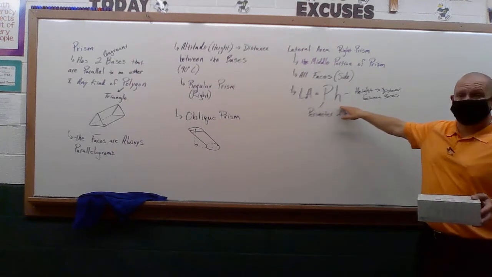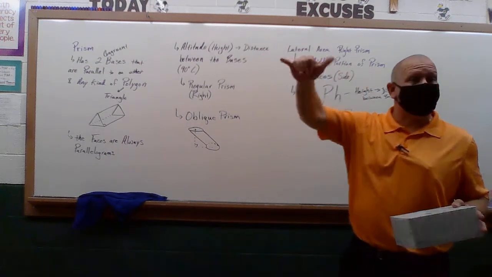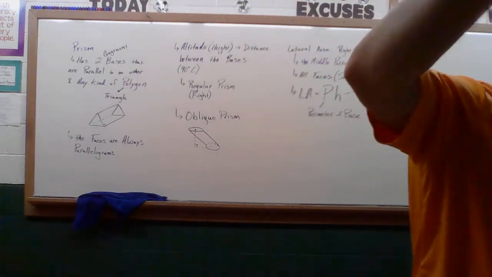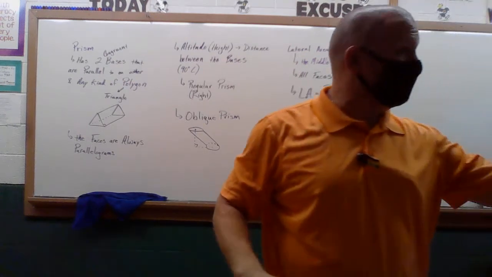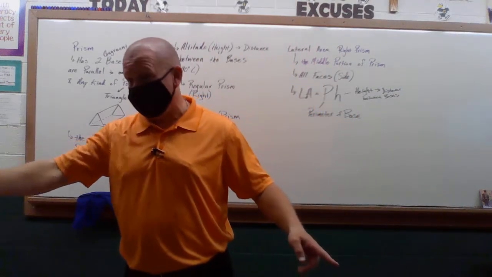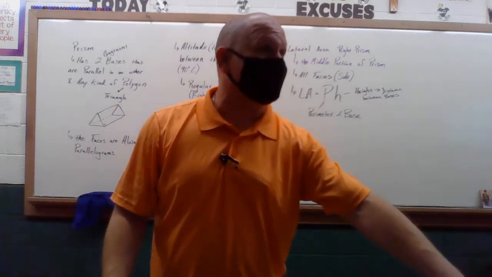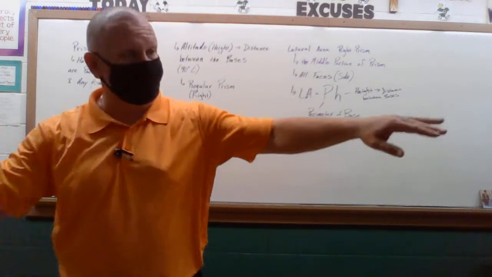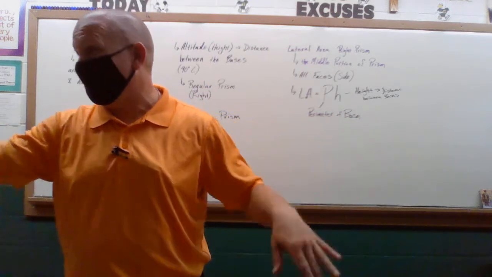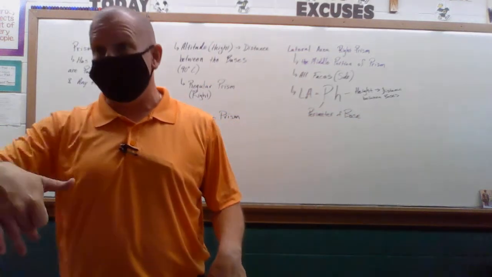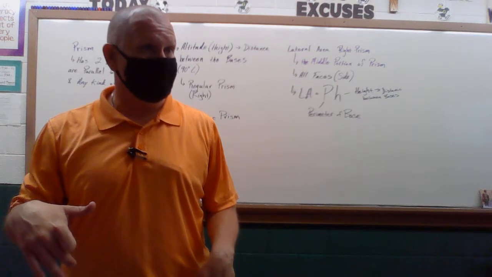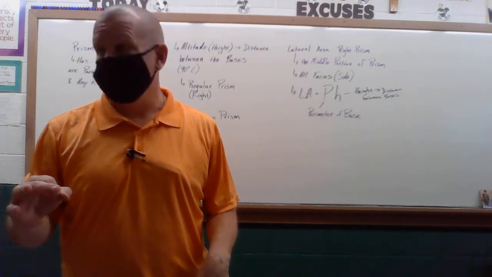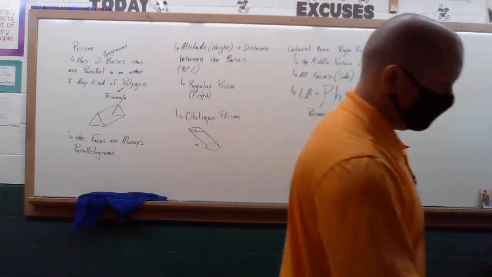So it all works out. But if you're going to compare answers when you're doing your homework, and Merrick picks one of the bases and Jazz picks another, and Kenzie could actually pick another group, she could have done the front and the back, their perimeters are all going to be different. Their heights are all going to be different, but their answers should all be the same. That makes sense? That's really important in this concept.